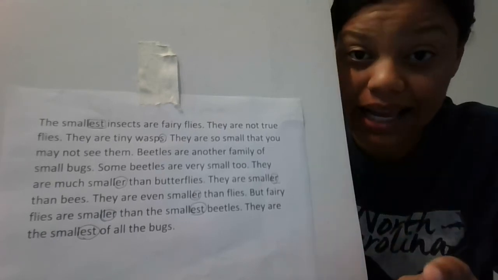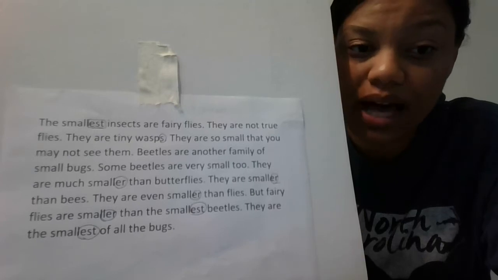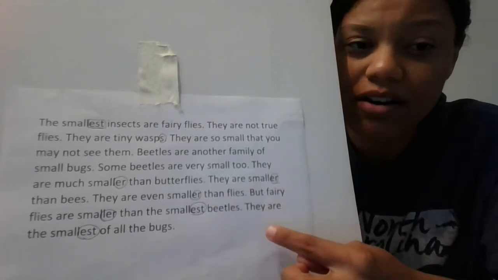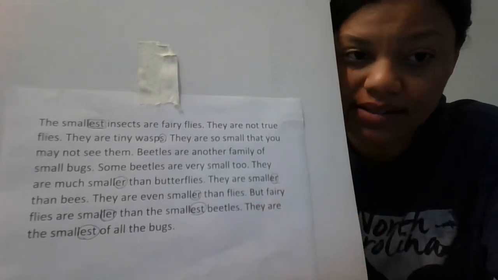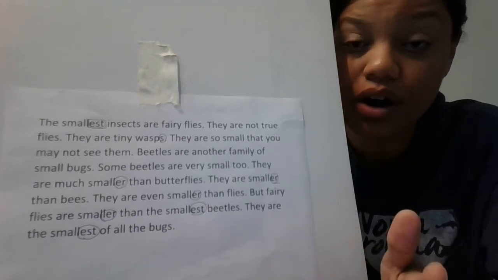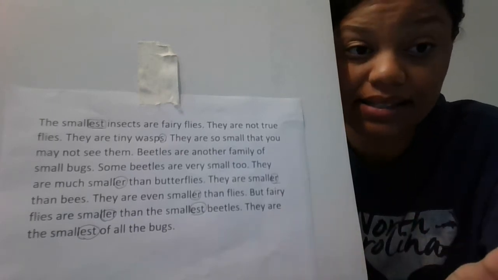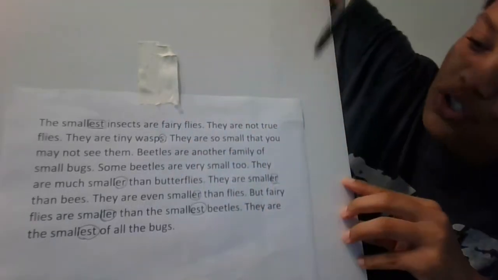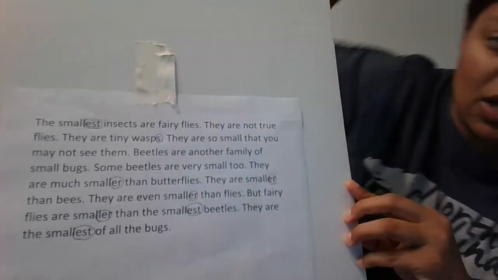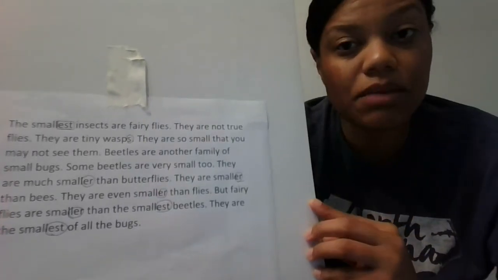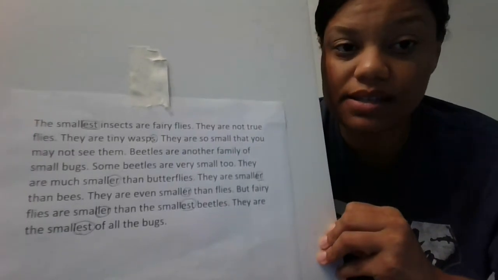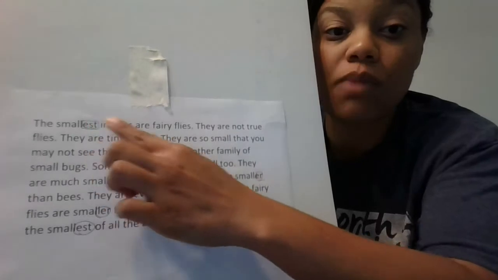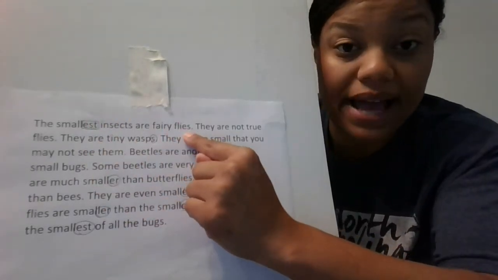But I think what it's wanting me to realize is they're comparing these fairy flies to a lot of the other insects that I see. And fairy flies are actually, if you look at the top, they're not actually true flies. They're actually tiny wasps. So I'm thinking maybe the main idea of this passage is that the smallest insects are fairy flies.